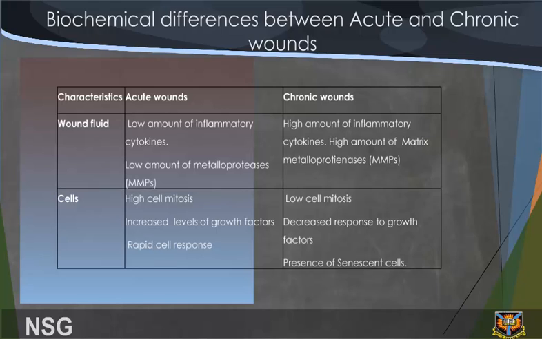Characteristics: cells. Acute wounds: high cell mitosis, increased levels of growth factors, rapid cell response. Chronic wounds: low cell mitosis, decreased response to growth factors, presence of senescent cells.